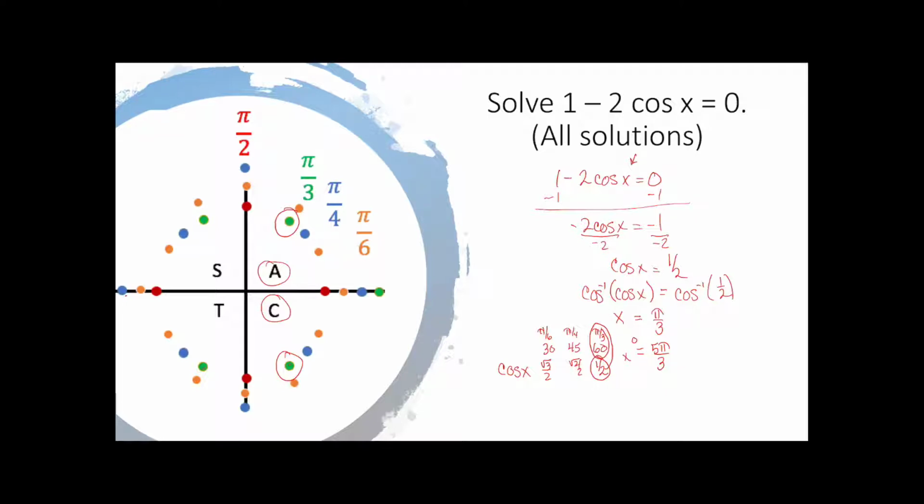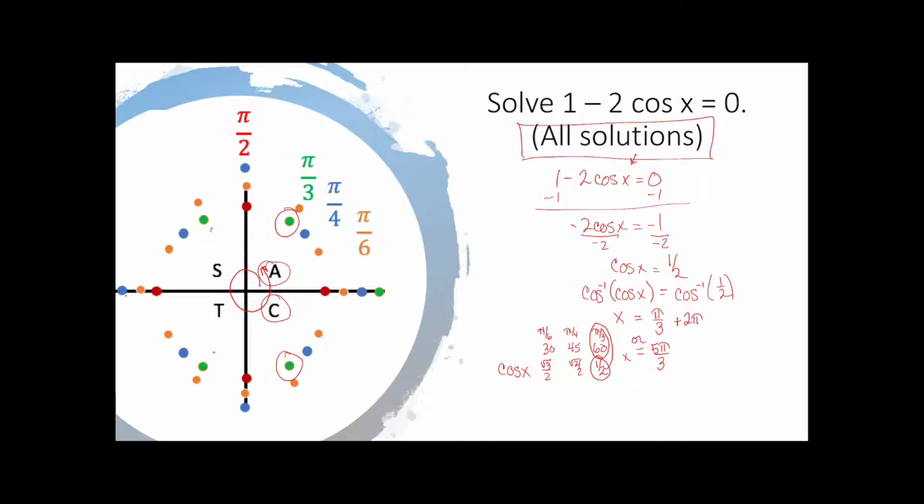But then we have to ask ourselves, are these all of the solutions? We know that cosine is negative in the second and the third quadrant, but we also know that we're not restricted in general to just one rotation around the unit circle. So if we added 2 pi to our solution, we'd have another one.